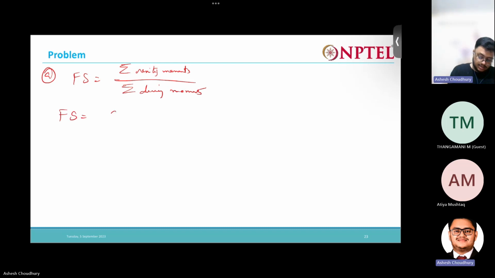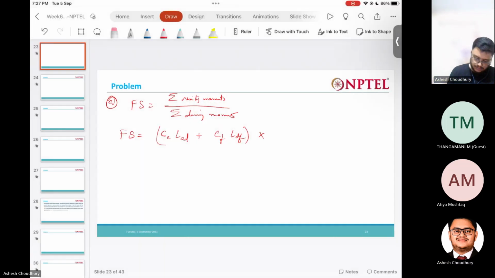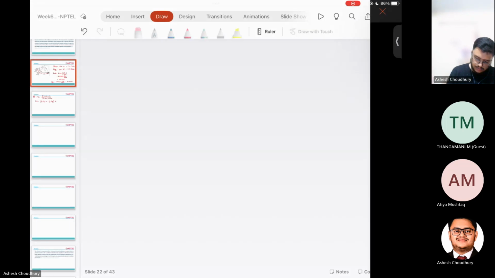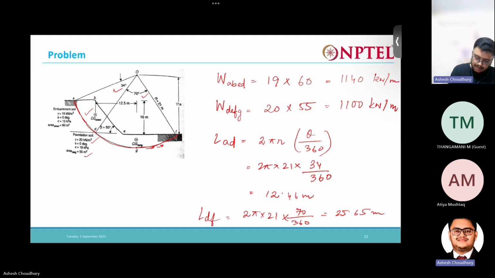The resisting moment is C times L_AD plus C times L_DF, the force that will be mobilized, times the radius that gives the moment.